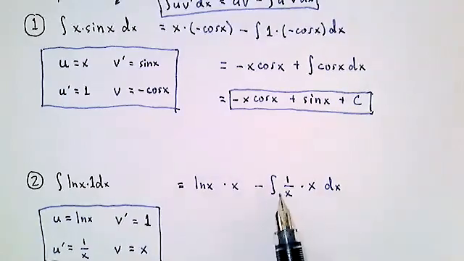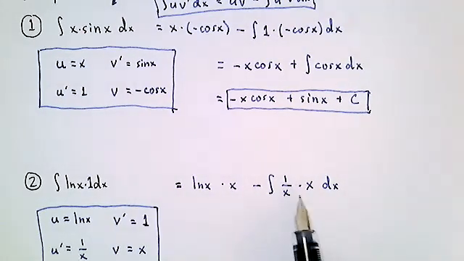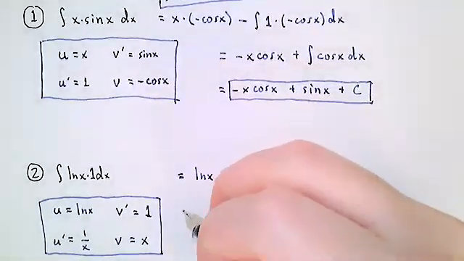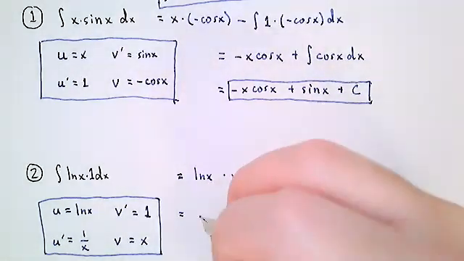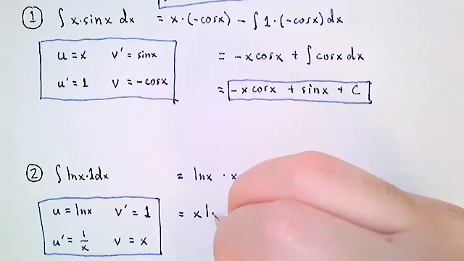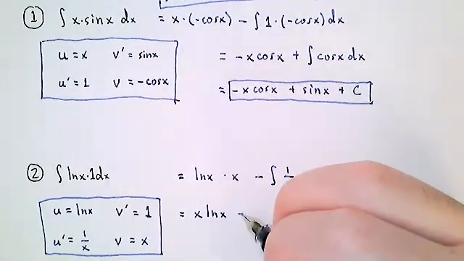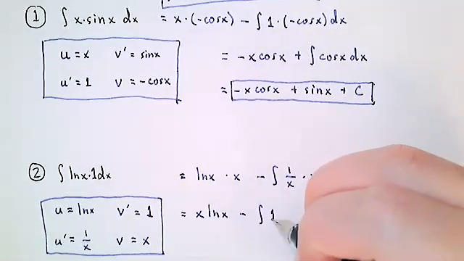And, well, what happens here? We have a 1 over x times x. Those just cancel each other. That goes away. So we have this first expression. I'm going to put the x in the front to make it look a little neater. And then my integral, we're just integrating 1, 1 times dx.